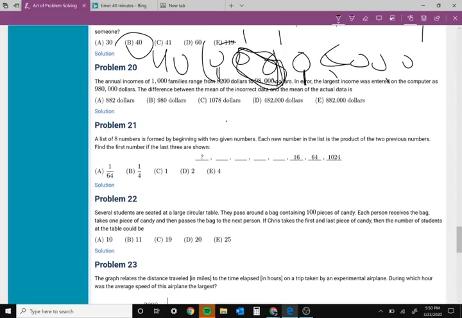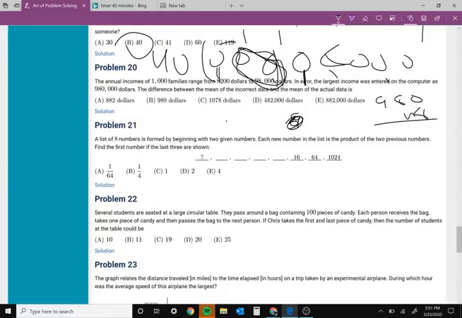The annual incomes of 100 families range from $8,200 to $98,000. In error, the largest income entered in the computer was 980,000. Oh, jeez. That was the incorrect data, and the mean of the actual data... Wait, what? So obviously you added 980 minus 98, which is what?